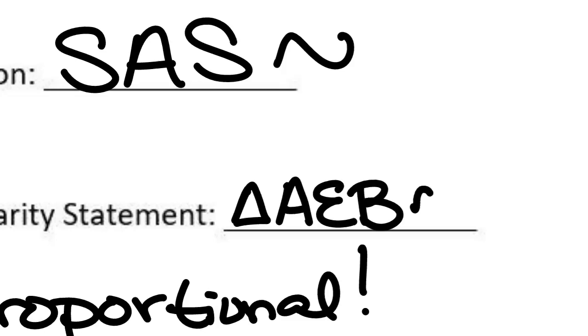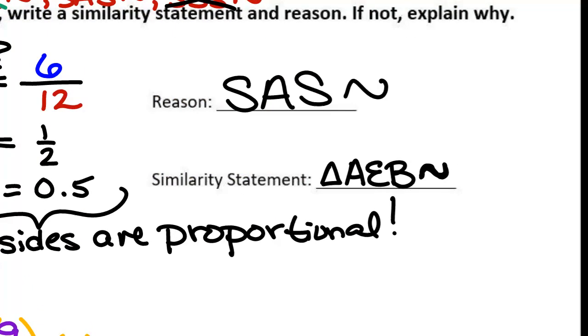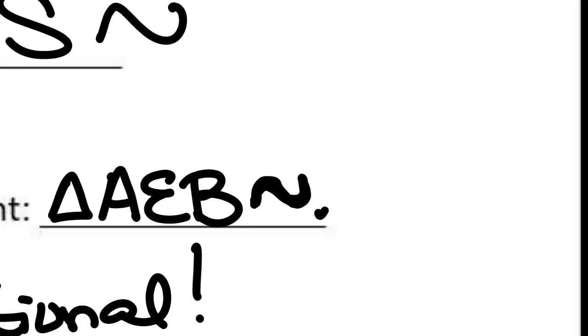Triangle AEB is similar to, all right, I have to make sure to match up corresponding pieces. We know this is my vertical angle. What's the vertex of that angle? E. E is in the middle here. So on my other triangle name, I need E in the middle.